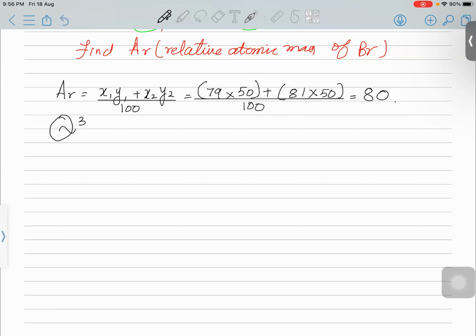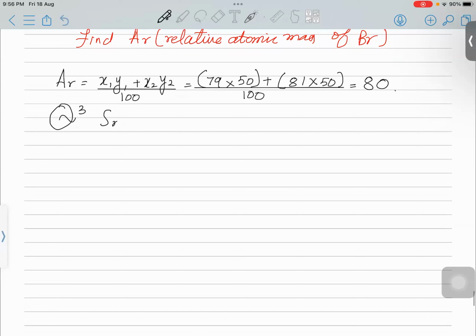Now, question number 3. Suppose you have strontium. Strontium has 4 isotopes. Strontium 84, percentage abundance is 0.56%.